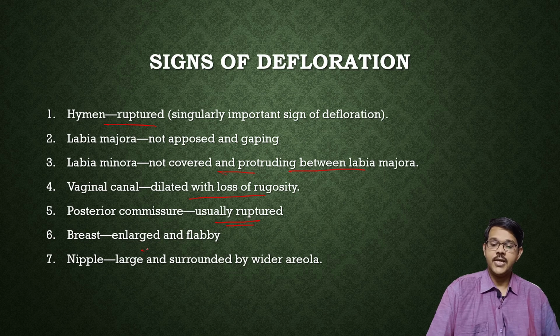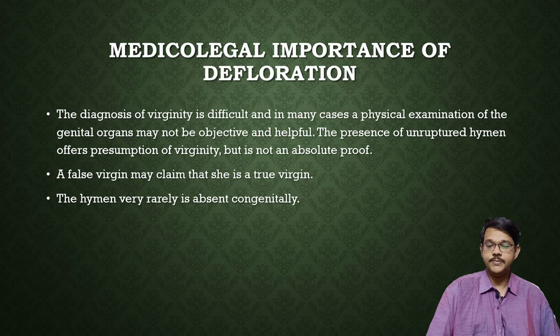The breast is enlarged and flabby if the woman has become pregnant. Also, the nipple becomes large and is surrounded by a wider areola, again if the woman has become pregnant. Medicolegal importance: as I mentioned, with an intact hymen, the diagnosis of virginity is difficult, and in many cases physical examination of the genital organs is not objective or helpful.